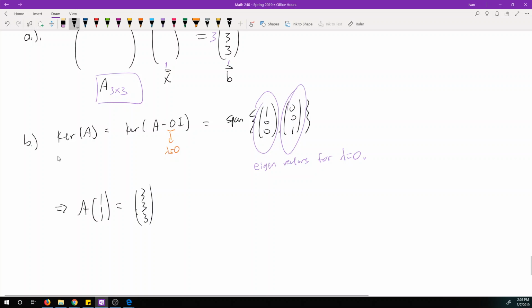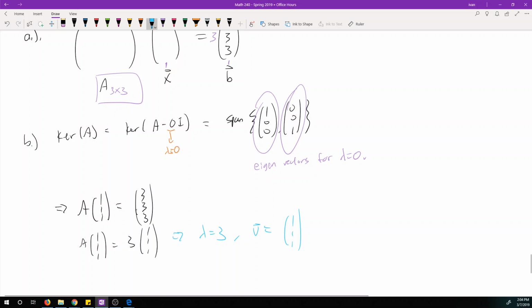If we pull out a 3 from the right-hand side, A times 1, 1, 1 is equal to 3 times 1, 1, 1. That's quite literally Av equals lambda v. So lambda here is 3, because Av is lambda v and v is equal to 1, 1, 1. Now we found 3 eigenvalues, one repeated twice, and we have 3 linearly independent eigenvectors.